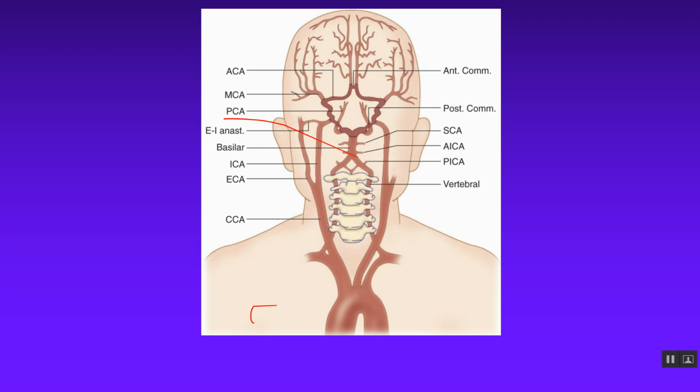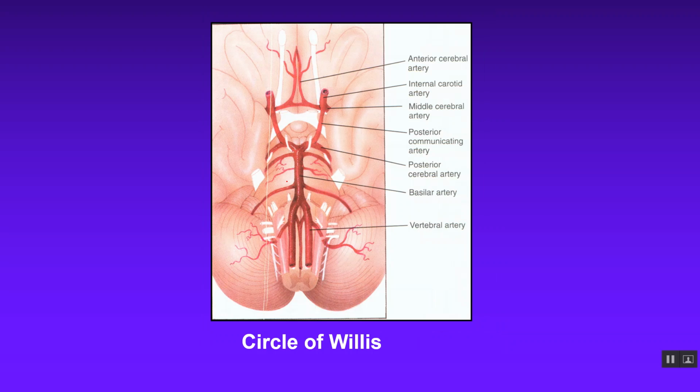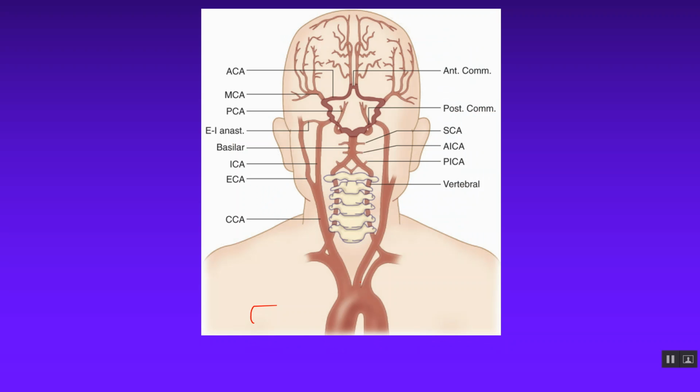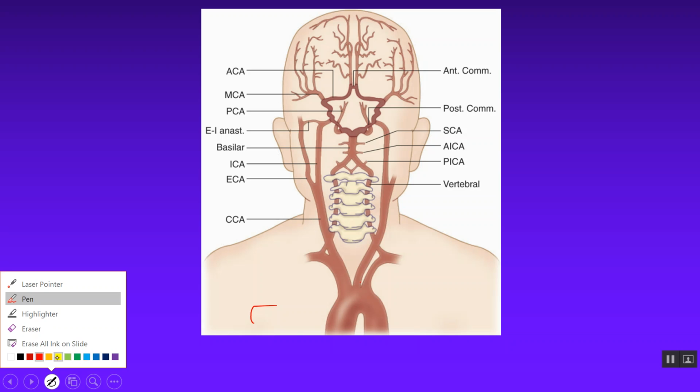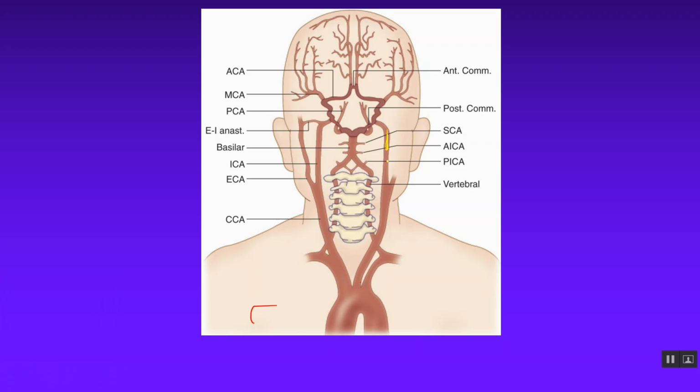Here we're looking at the blood supply, face on at somebody, and let's point out a few major structures. I'm going to go with a lighter color on this. These are our internal carotids on both sides.